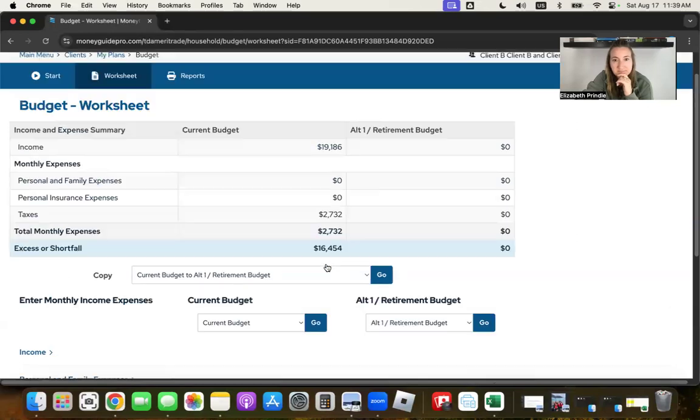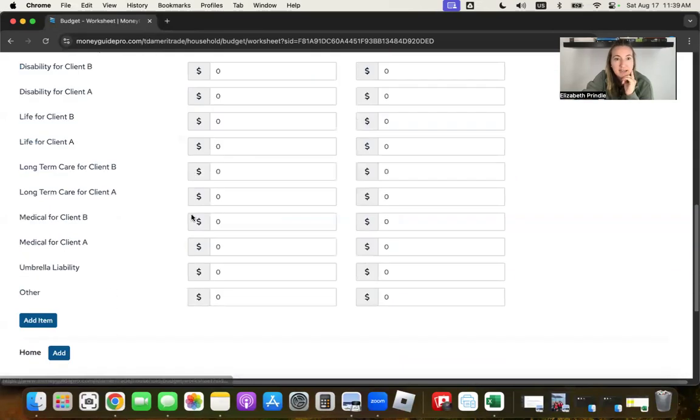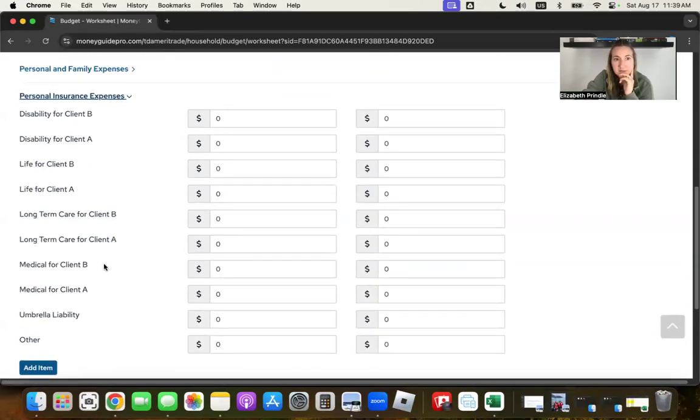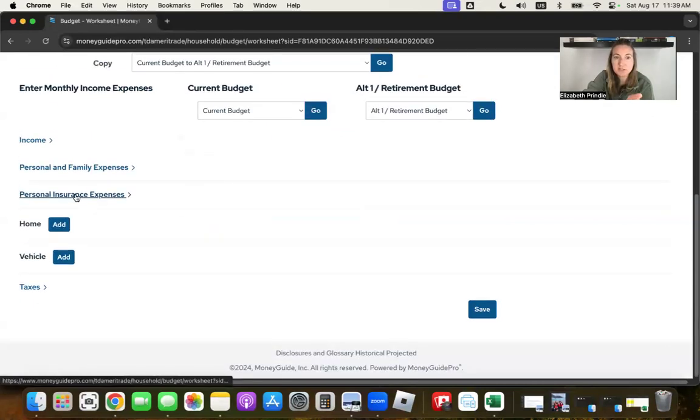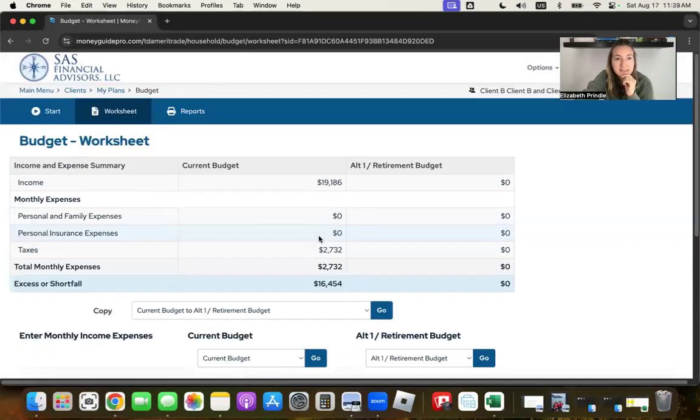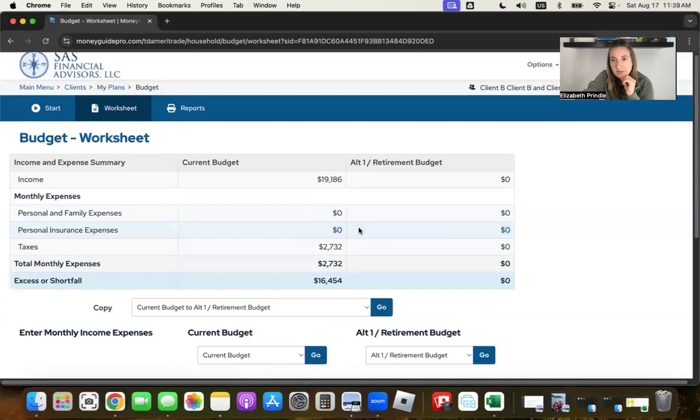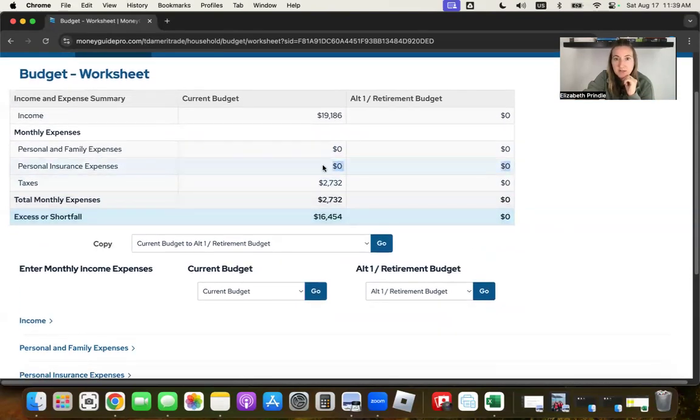Great. Now, if they had other deductions, I could put those here. I know this as personal insurance expenses, but I like having a specific line item for households for all of their non-tax payroll deductions that are reducing their salaries. The reason is those expenses likely, if we're looking at a retirement budget, aren't continuing.